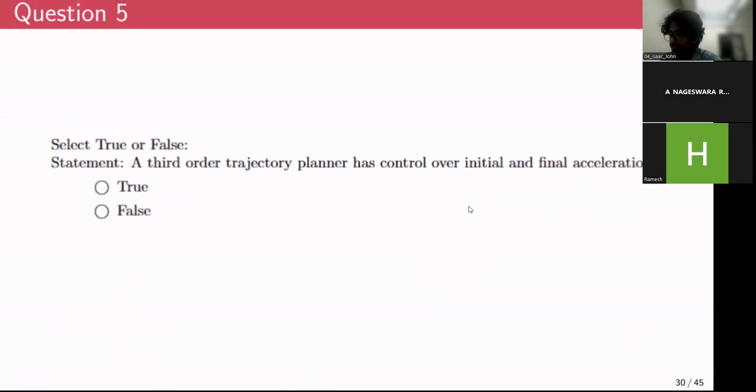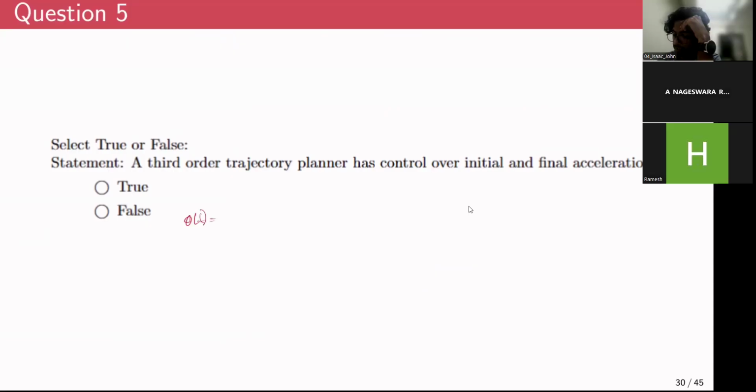Now, moving on to question 5. A third order trajectory planner has control over initial and final accelerations. Is it true or false? Does anyone want to answer that? A third order trajectory planner has control over initial and final accelerations.